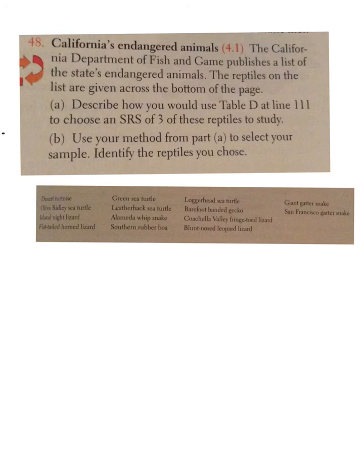Okay, remember our old friend Table D, the table of random digits. What we're going to do is label these animals, like the desert tortoise is going to be 01, and the olive ridley sea turtle is going to be 02. And then the next one is going to be 03, and so on and so forth, 04, 05, all the way until we get to the end of our list, and I think the last one is going to be number 14.